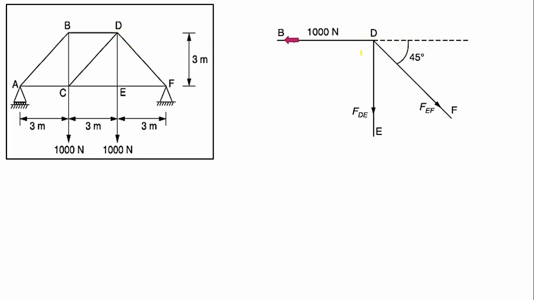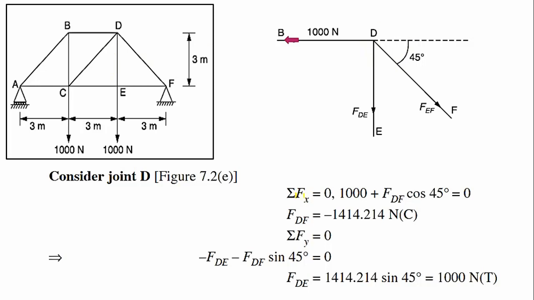Again we will apply conditions of equilibrium, summation of Fx is equal to 0. In this equation, this 1000 newtons we have, like FBD I will take, which is moving towards left, therefore it is minus, and this FBD value is how much? Minus 1000 we got, so this minus will become plus, therefore this is plus 1000.